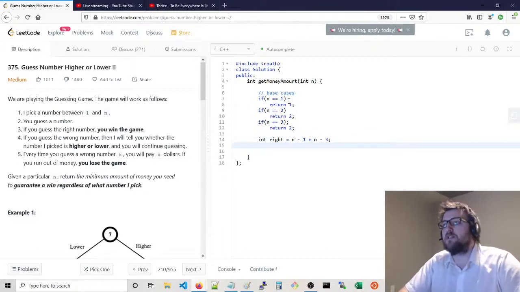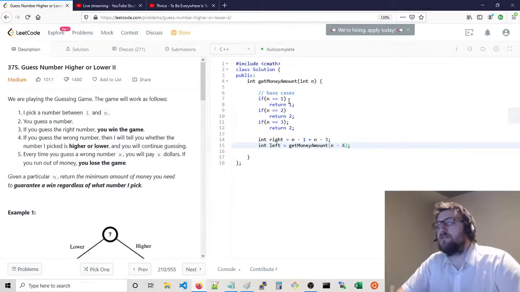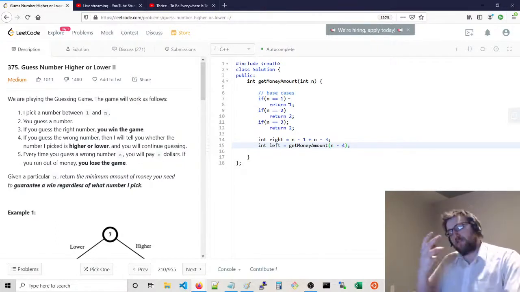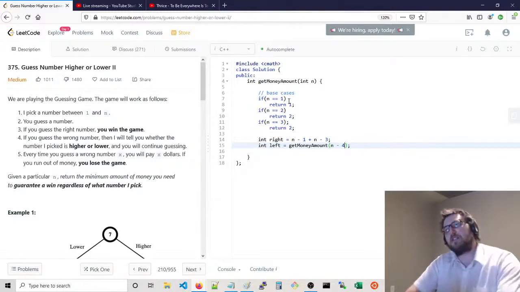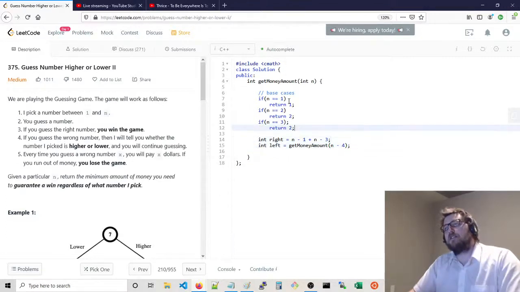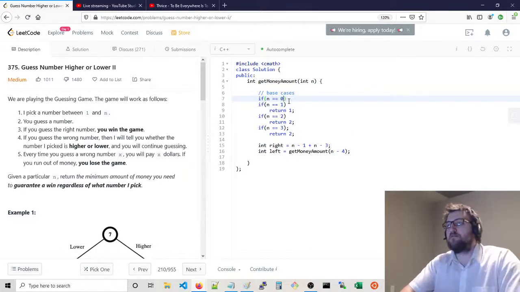And then we're going to say left is going to be get money amount of n minus 4. Alright, so we make this 3 branch on the right, make this new root node, and now we have the left side of the tree. That's the n minus 4 portion. 4 nodes removed. And I think if it's 0, we just return 0, by the way.